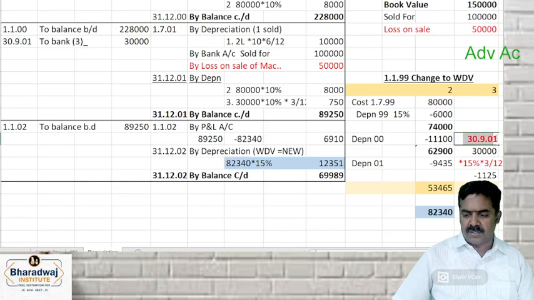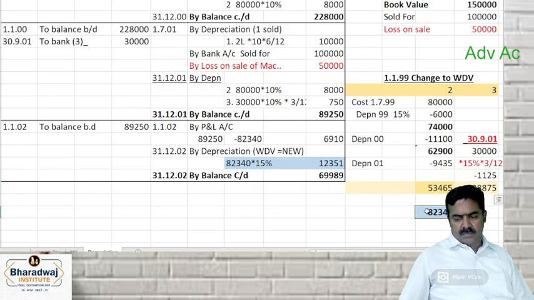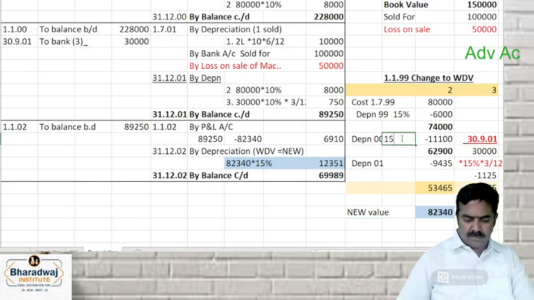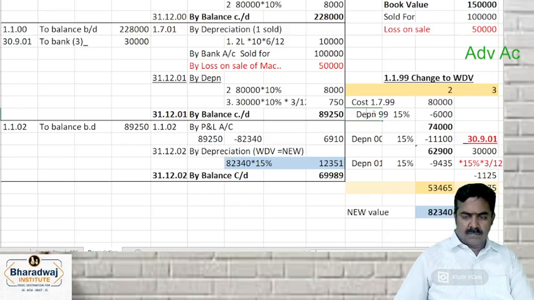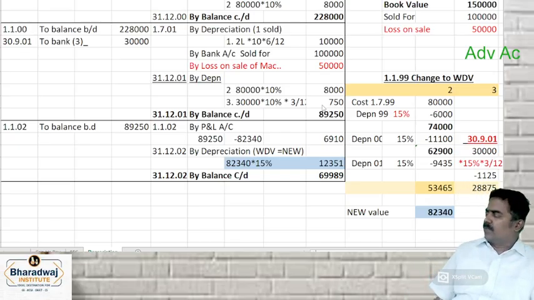The third machine was purchased on 30th September. This alone 15% for 6 months. Please take up this, then we'll proceed.